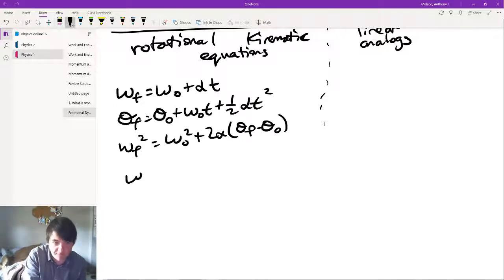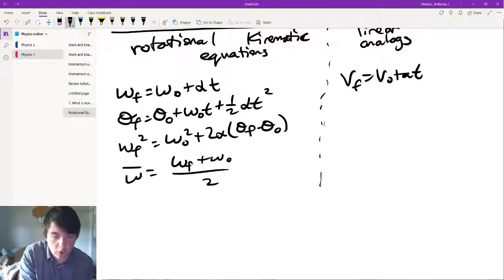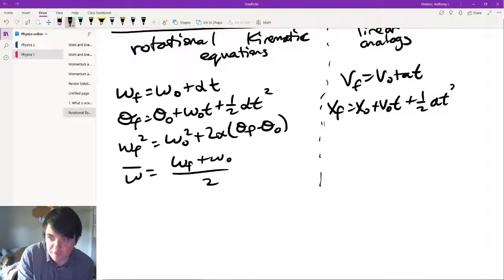For completeness, I'll write the average using a bar instead of the vector. V final equals V initial plus at. Omega final equals omega initial plus alpha t. We have x final equals x initial plus v naught t plus 1/2 a t squared. Here we get theta final equals theta initial plus omega initial t plus 1/2 alpha t squared. Same thing.